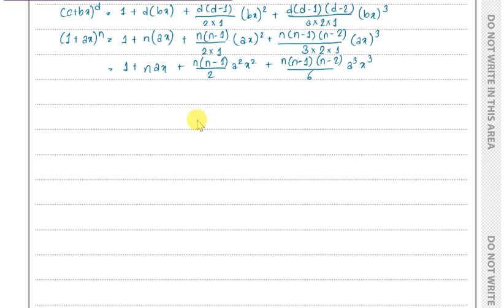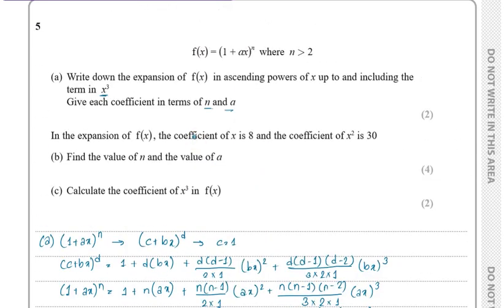For part B, in the expansion of f(x), the coefficient of x is 8 and the coefficient of x squared is 30. So find the value of n and the value of a.